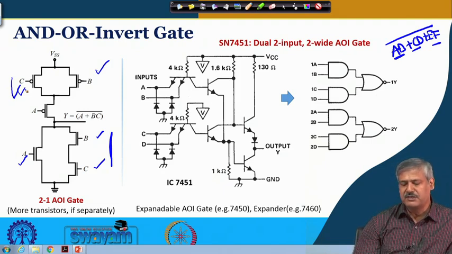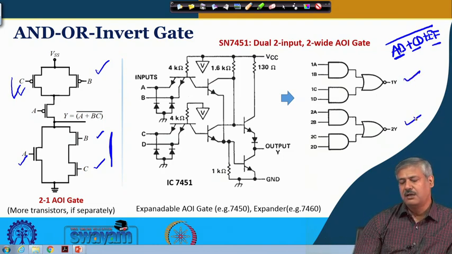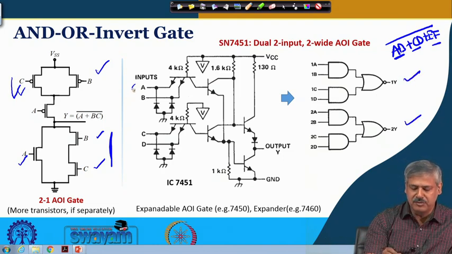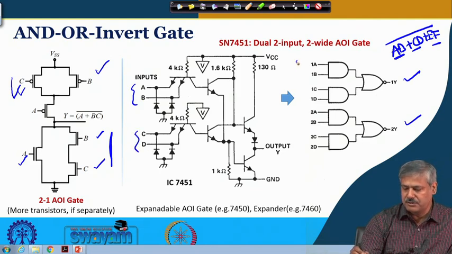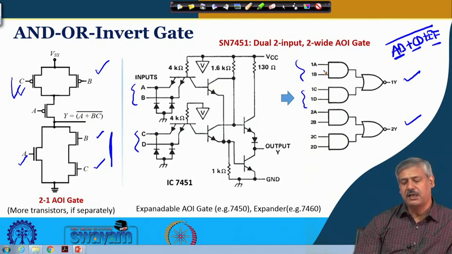TTL family also has similar such gates, AND-OR-Invert gates. So, one example is 7451, which is dual, that means two such gates are there, one and another. Two input, that means these are the two inputs that you see. Two wide means two such blocks are there, right, by which you can get AND-OR-Invert gates, and this is the corresponding circuitry in the TTL family from the TTL data sheet.